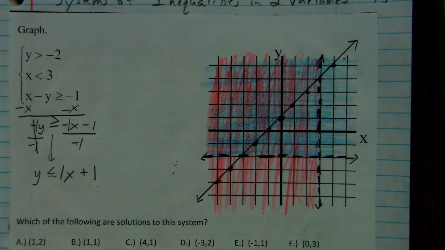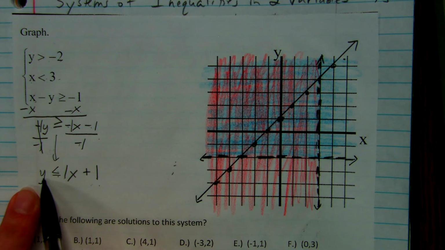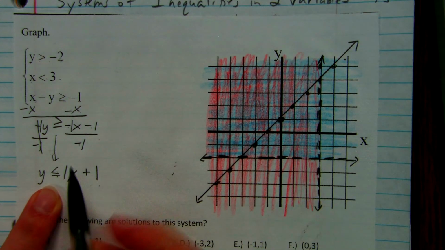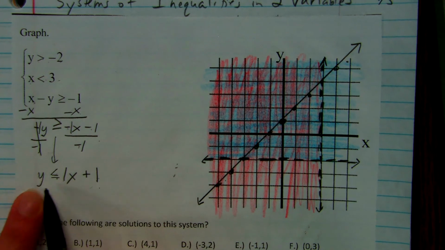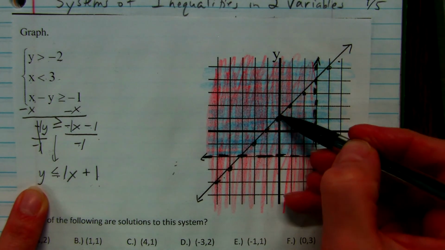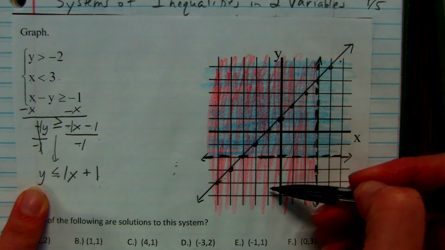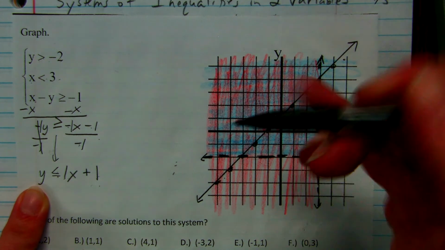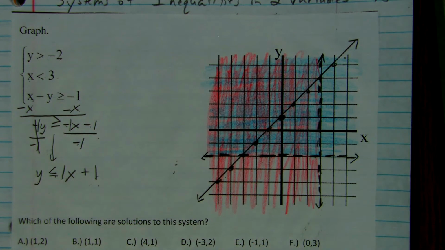So with the shortcut that we talked about, we're looking for y values. We already did the equal to, that's the line. We're looking for now to shade the y values that are going to be smaller than what's on that line. So from this line, the y values that are smaller than what's on this line would be above or below? Below, because with the y-axis, the numbers that are down are smaller. And that was sort of our shortcut that we talked about.